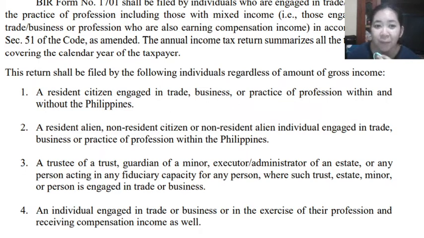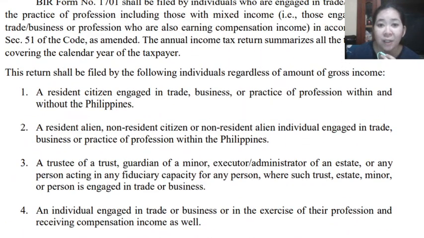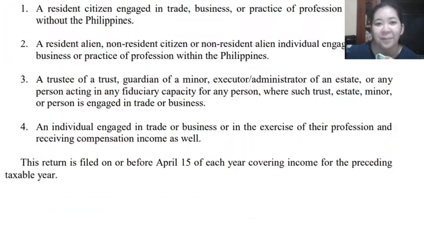And number 4, an individual engaged in trade or business or in the exercise of their profession and receiving compensation income at the same time. These are the individuals who will be filing their income tax using BIR Form 1701.